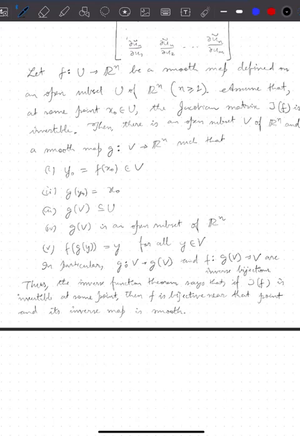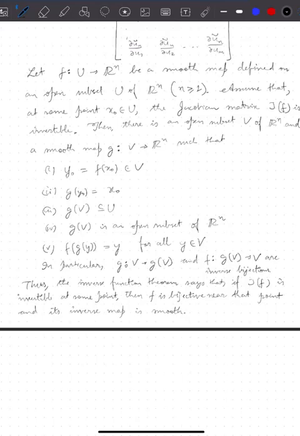Right. The proof can be found in any book on multivariate calculus, and I believe it's something which can be done on your own. With this we end the session for today, and in the next session we will define a very special ruled surface, known as the Mobius band.